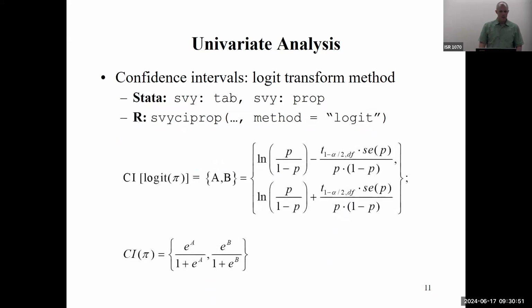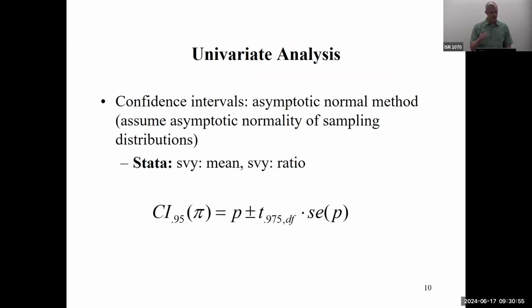But that general approach of calculating the estimated proportion and symmetrically adding or subtracting that critical t-value times the standard error has very poor coverage properties for proportions. So put differently, if you say that you're computing a 95% confidence interval, there's no guarantee that that interval is going to cover the true proportion 95% of the time, when you're working with proportions.